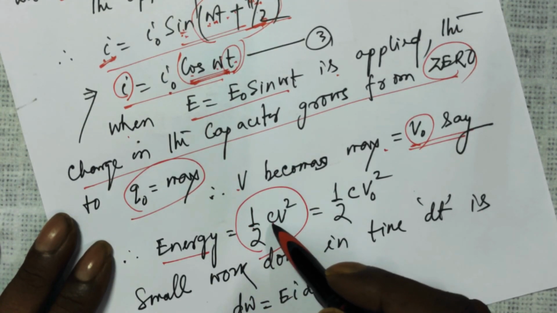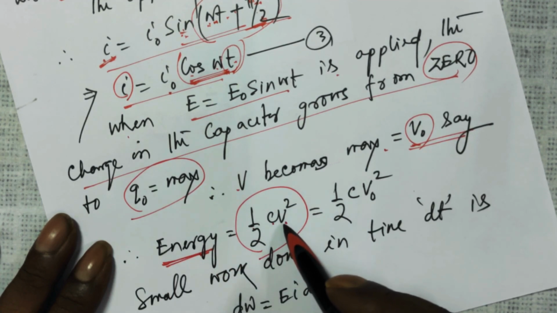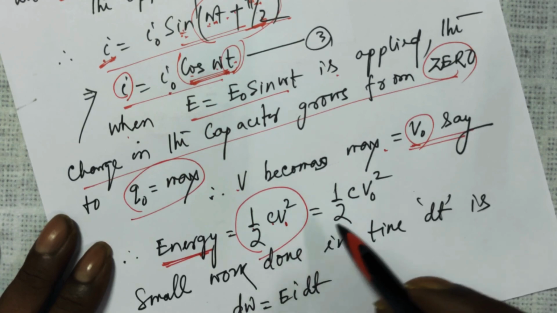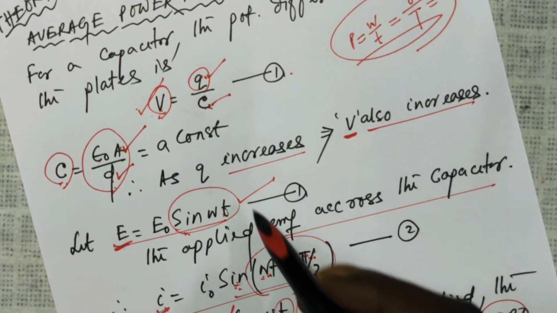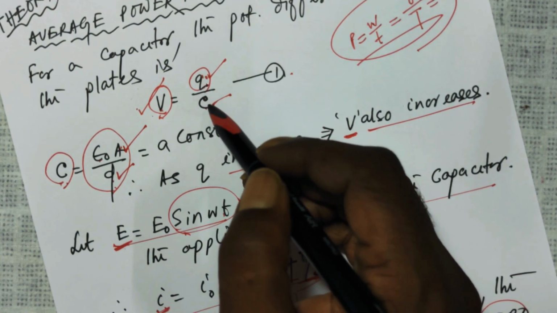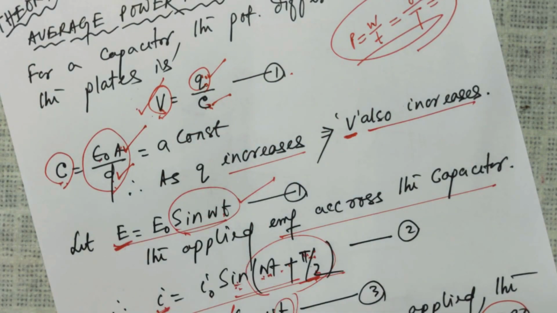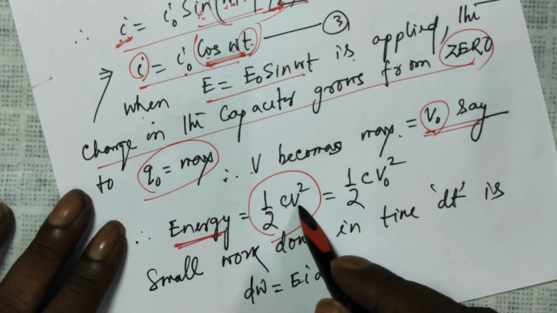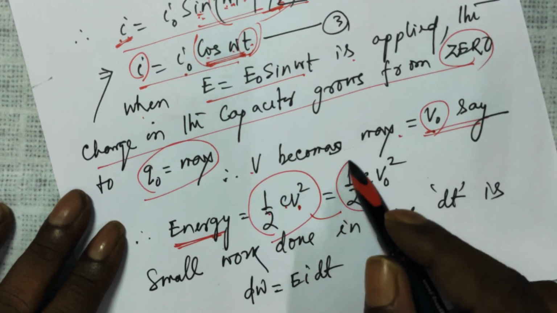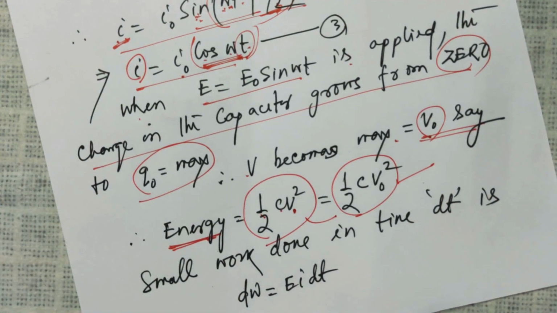C is constant. If V is maximum, then energy is also maximum. And the maximum value of V, which I just explained, is V naught. When is that possible? When Q is maximum, because C is constant. When Q is Q naught, that is maximum, V is maximum, that is V naught. So the energy of the capacitor, half CV square, becomes maximum, half C V naught square, when the charge on the plates of the capacitor is maximum, right?